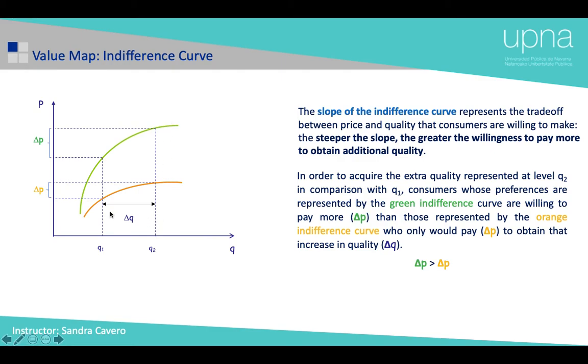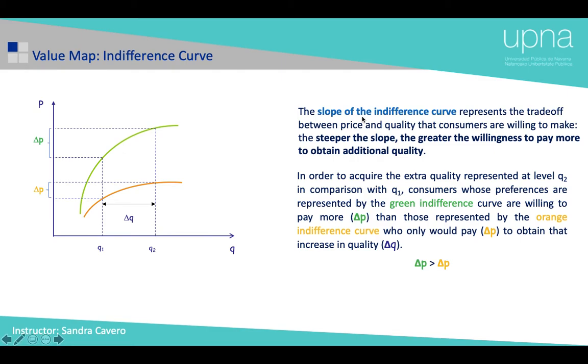In order to acquire the extra quality represented at level Q2 in comparison with level Q1, consumers whose preferences are represented by the green indifference curve are willing to pay more for this increase in quality than those represented by the orange indifference curve, who would only pay this amount to obtain that increase in quality, delta Q.